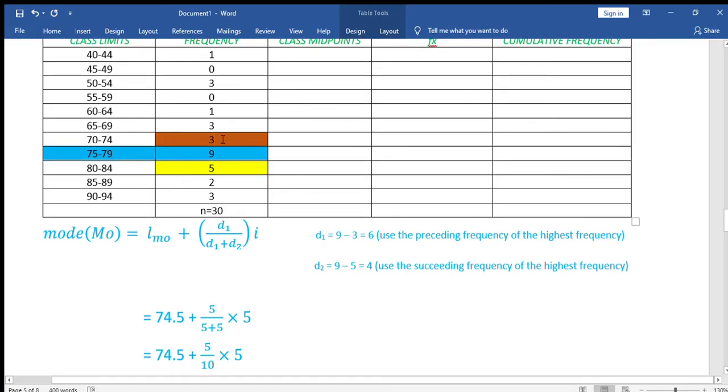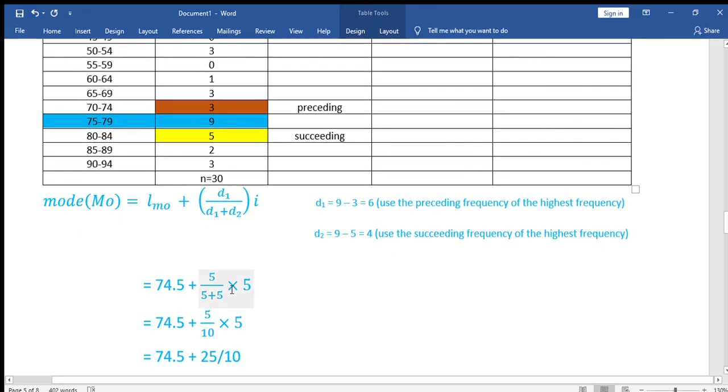So this is the preceding frequency. The next is the succeeding frequency. So D sub 1 uses your highest frequency, 9 minus 3, so it's 6. Then your D sub 2, your highest frequency deducted by the succeeding frequency, which is 5, so 9 minus 5, which is equal to 4.